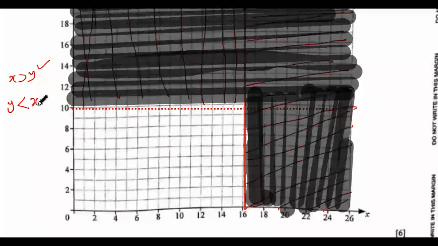The reason I change this to this is because I can easily draw y equals x. y less than x will also be a broken line. So I can easily draw y equals x, and once I get y equals x, I can get y less than x. Let's try and draw something like this too.